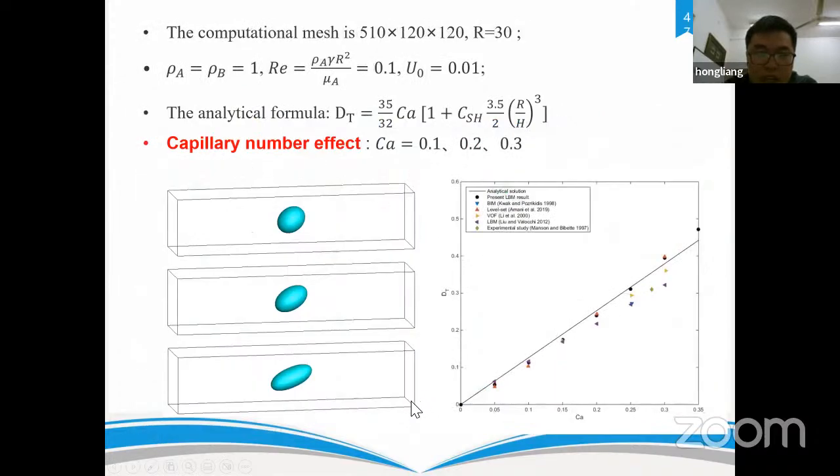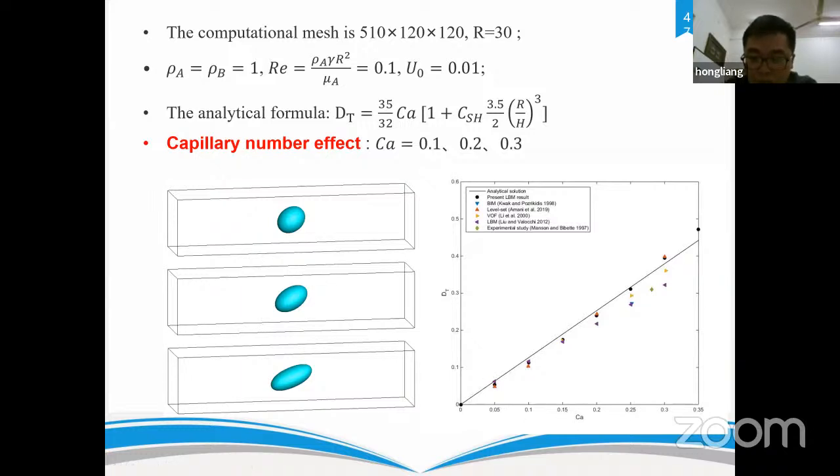Now we also investigate the effect of the capillary numbers. For smaller capillary numbers, we can see that the droplet can reach a steady shape, and we can measure the Taylor parameter.